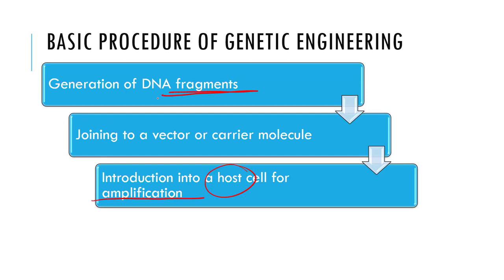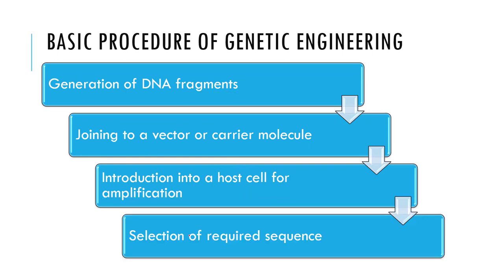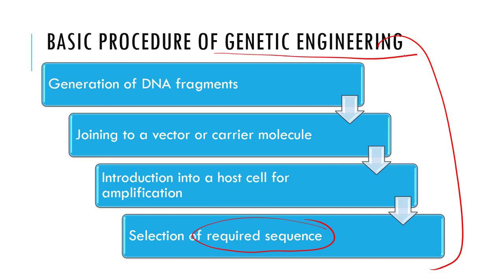So we take fragments and join them to a vector molecule, we introduce them into a host for amplification, and then finally we select the required sequence, the DNA fragment that we require, or the DNA sequence in which we are interested. So these are the four basic steps of genetic engineering, or recombinant DNA technology.